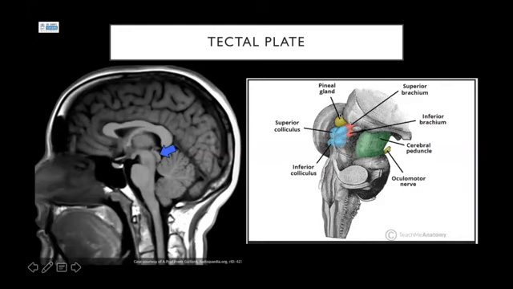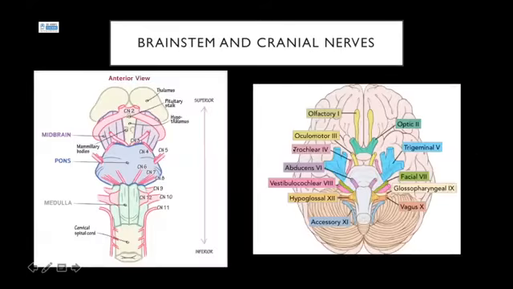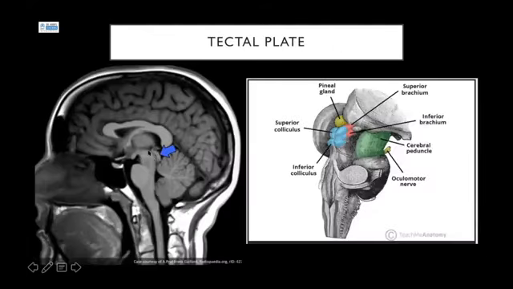As we've said, masses in the region of the tectum or pineal gland can cause mass effect on the tectal plate and cause pressure on the superior colliculi, resulting in Parinaud syndrome, but can also obstruct this flow of CSF, causing hydrocephalus.